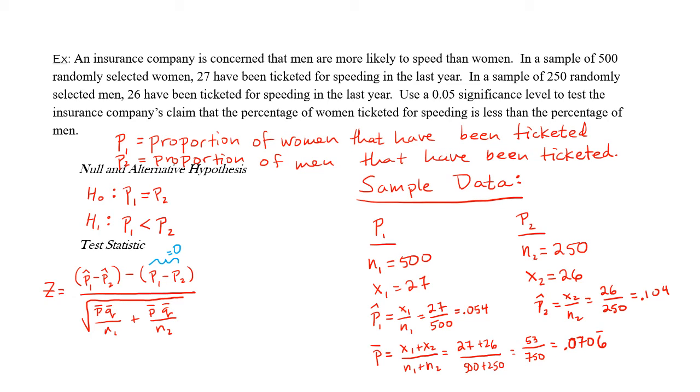So then we basically have everything we need to plug into the formula. Of course, we also need Q bar, I should say, which will be the complement of P bar. So 1 minus 0.0706 gives me about 0.929.